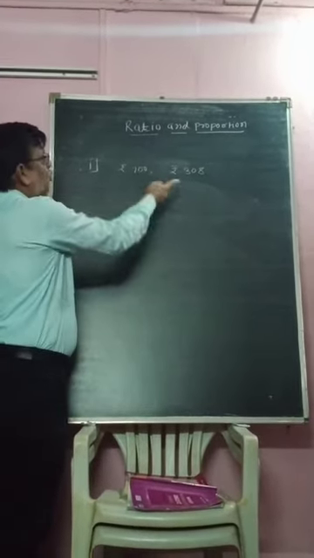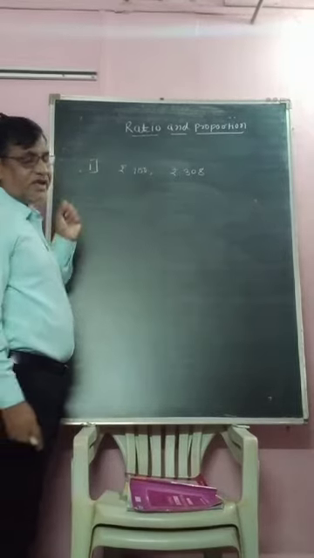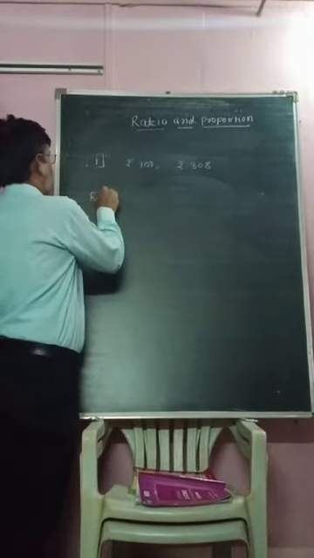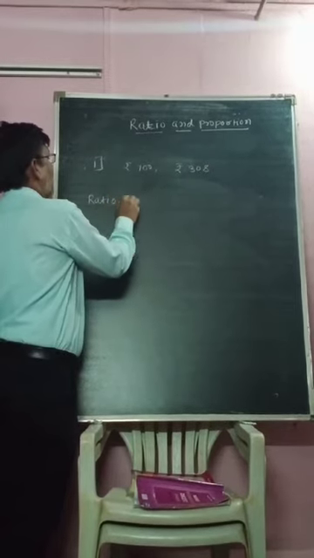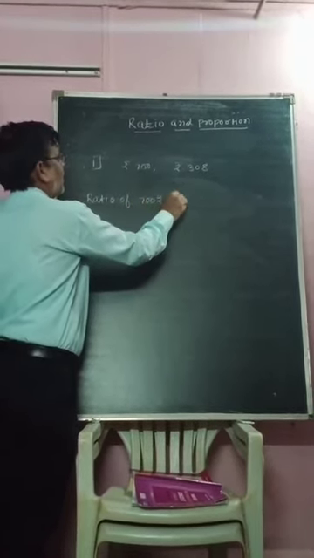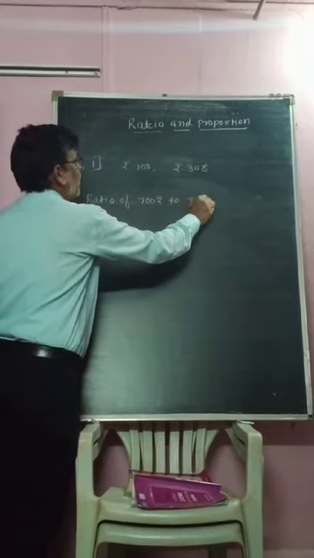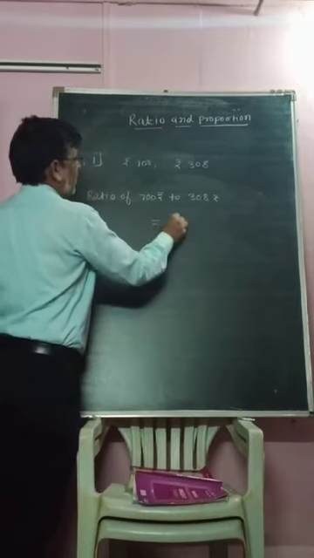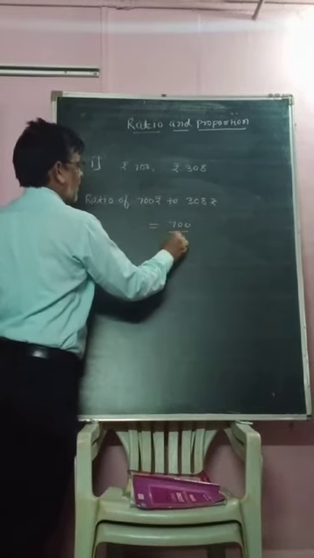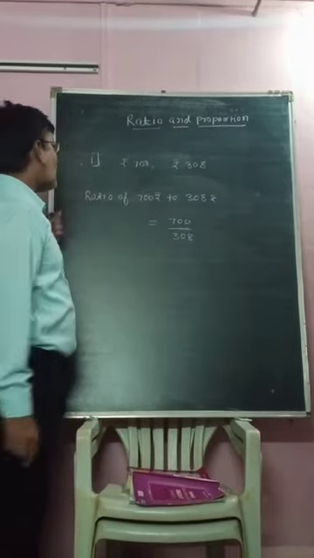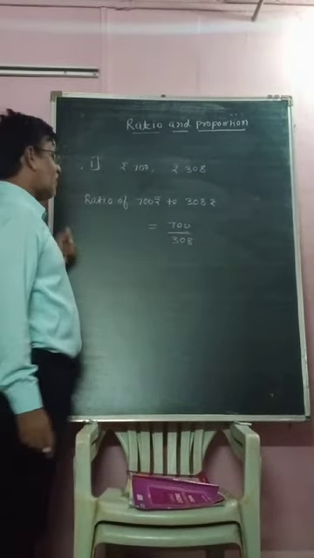Here first, both are rupees. First you have to see the unit is the same. So then the ratio of 700 rupees to 308 rupees is equal to 700 by 308. Right? Now you have to cancel the common factor.